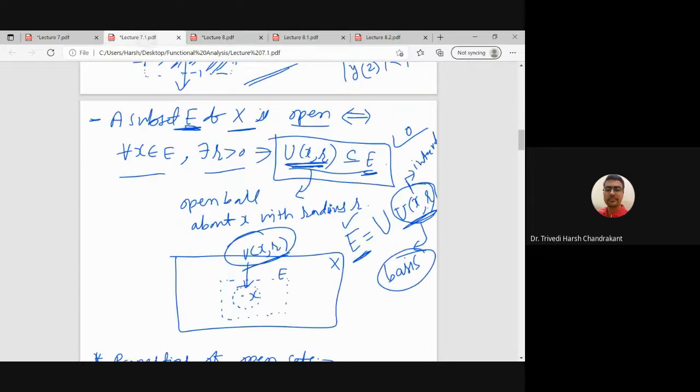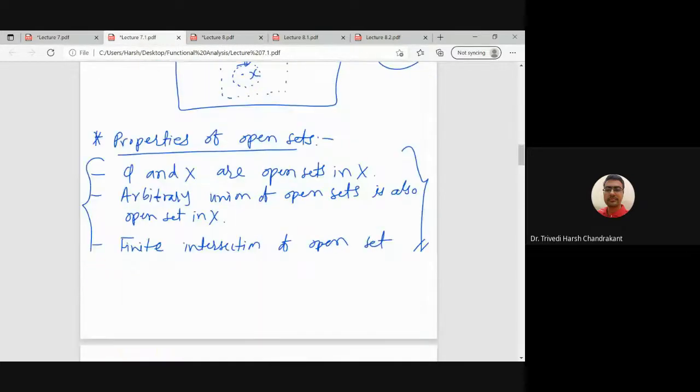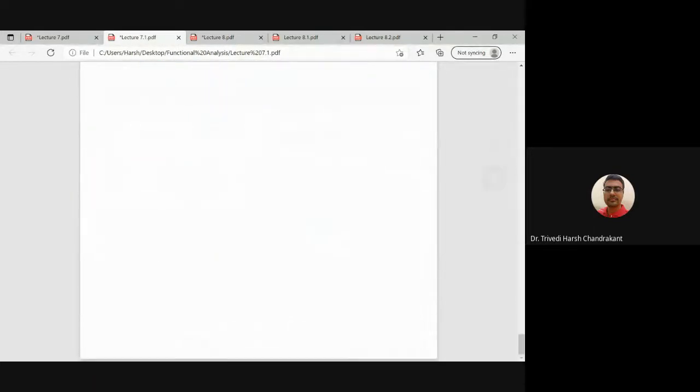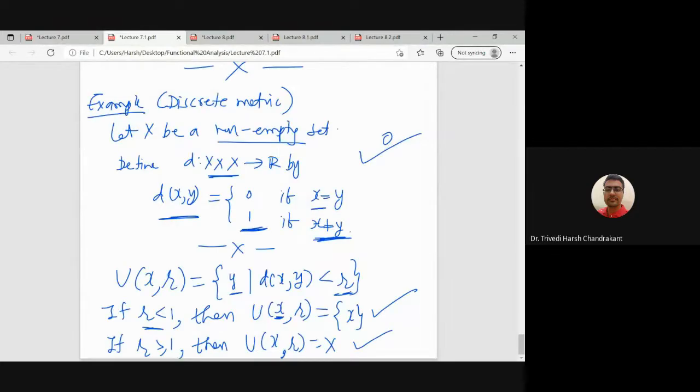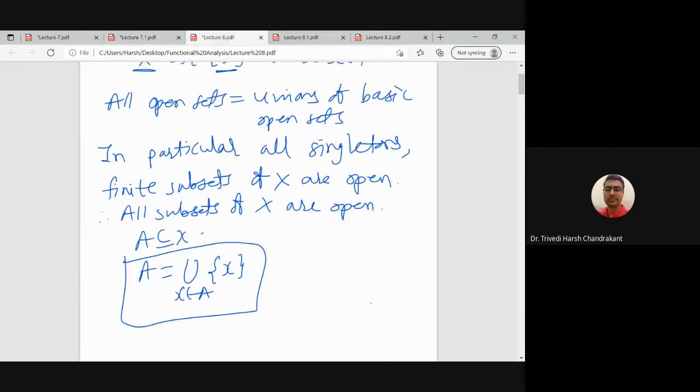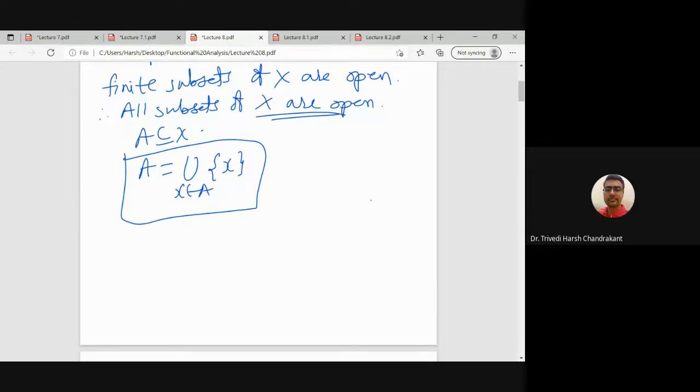So if we take this simple metric, or the discrete metric, the trivial metric on a nonempty set, then in that metric space all the subsets of X are open. So a topological space in which all the subsets are open is called the discrete topological space.